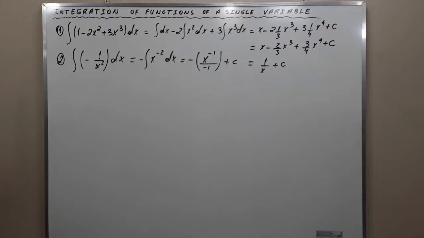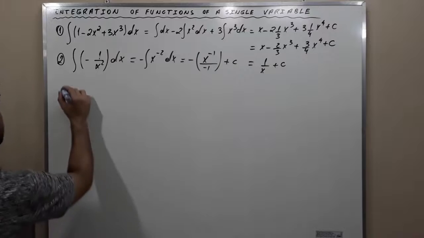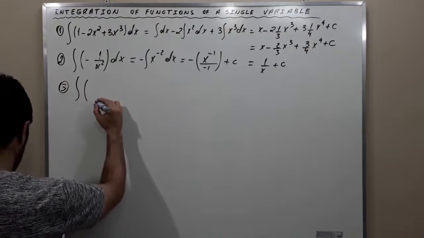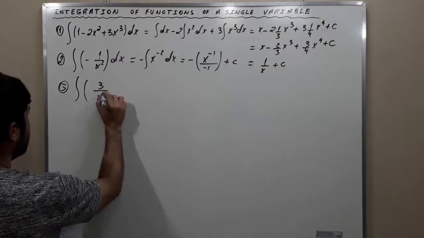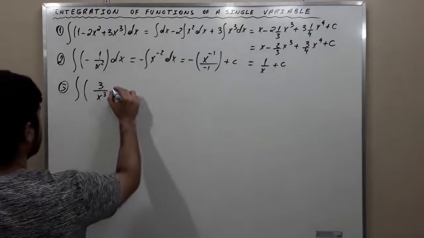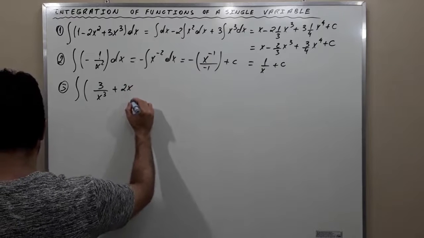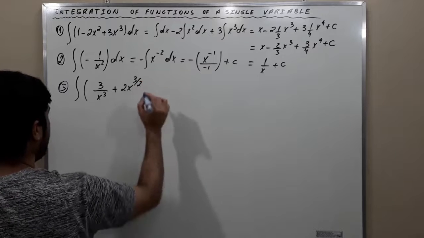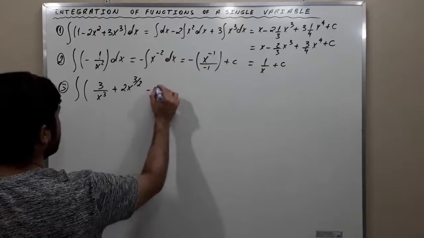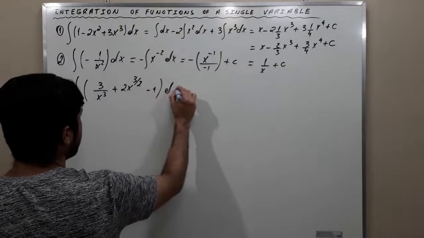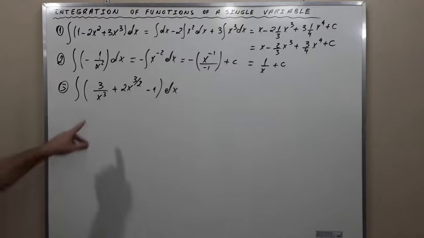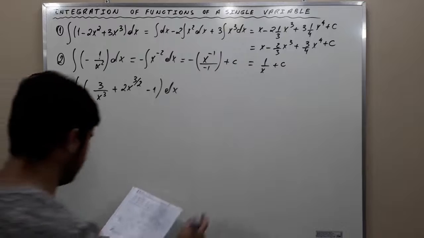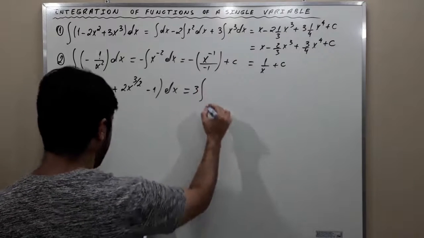Let's go to exercise 3 now. Exercise 3 is going to be the integral of 3 over x cubed plus 2 times x raised to the power of 2 halves minus 1 dx. Okay? We are going to proceed with this as we did before. It is going to be 3 times the integral.